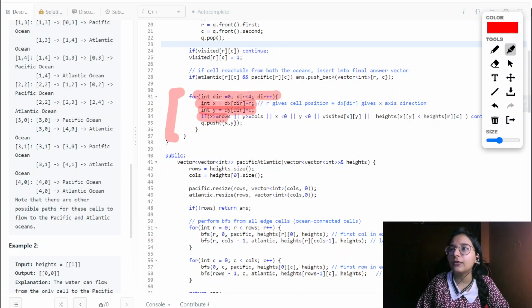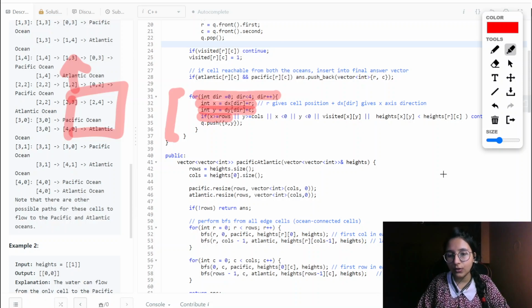And then I am checking if X is greater than or equal to, basically this is for the condition that if our present coordinate exceeds the number of rows, or exceeds the number of columns, or goes in this direction or that direction, then we will continue, means we will not be pushing this particular one into the queue. For that fact we are taking this.